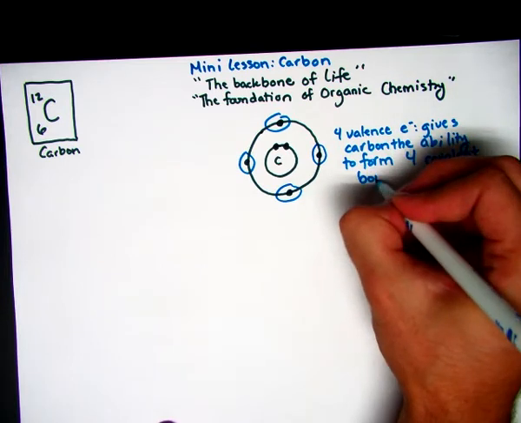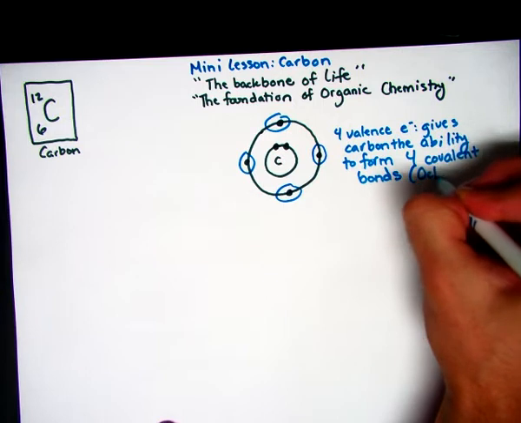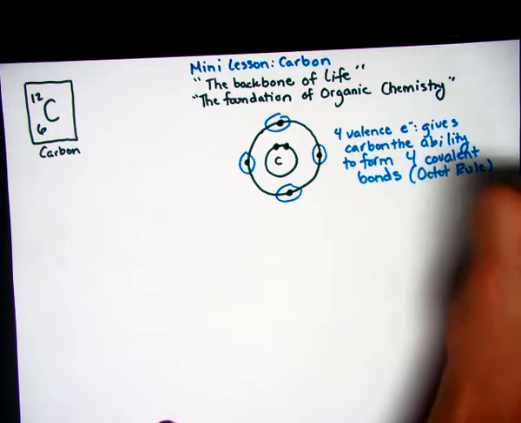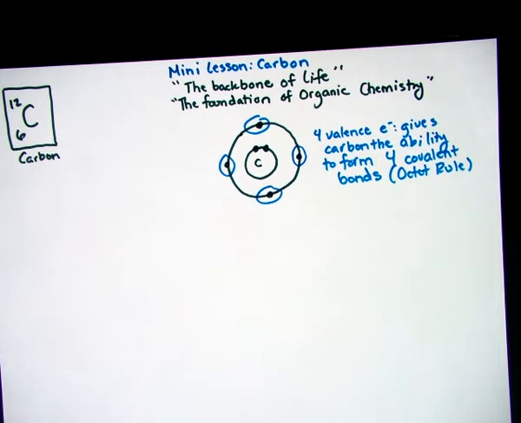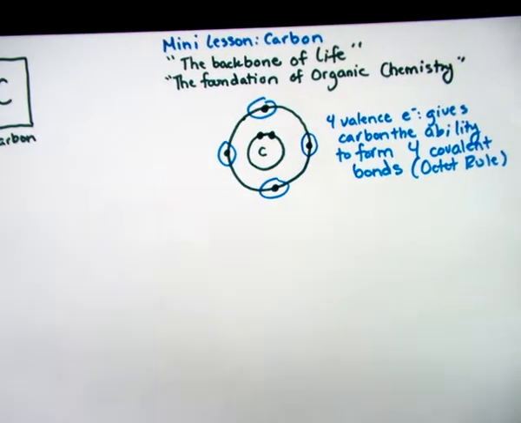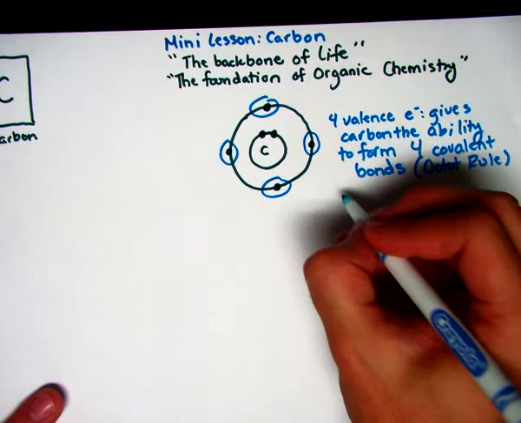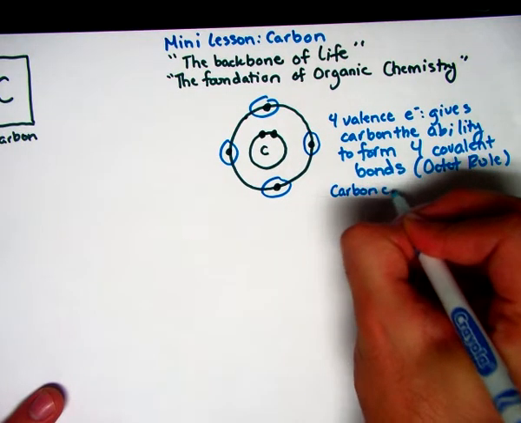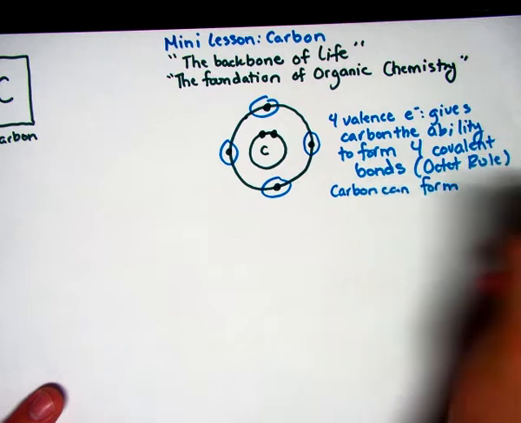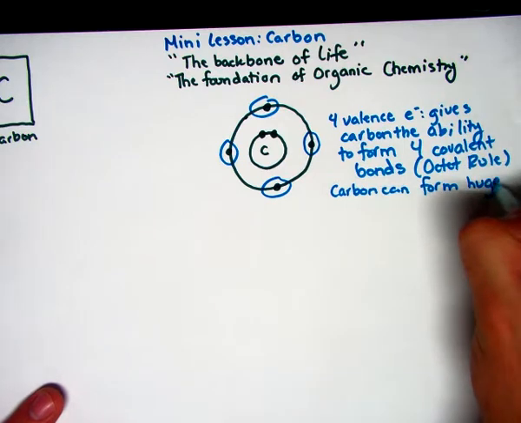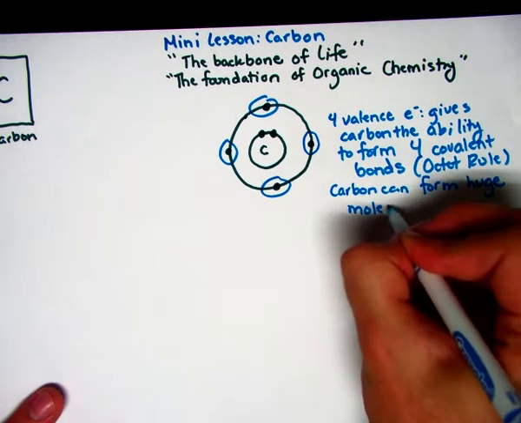Because if you remember the octet rule, it wants to fill that outer shell with 8 electrons. So it can form 4 covalent bonds, which will give it 8 electrons in total. This means that it has great flexibility. It can form huge molecules. So carbon can form huge molecules or macromolecules that you'll learn about.